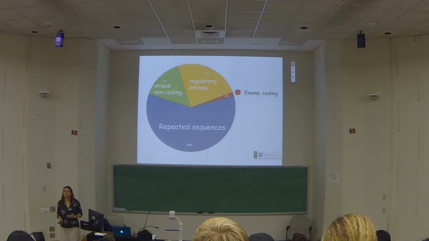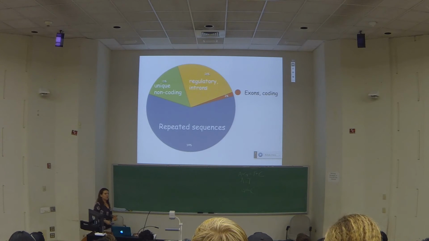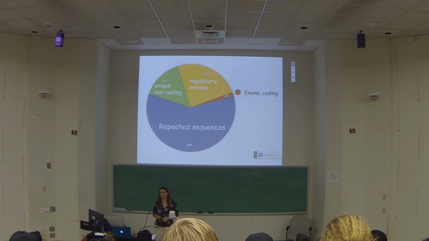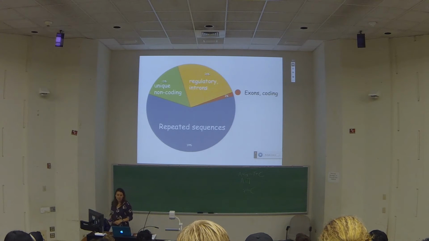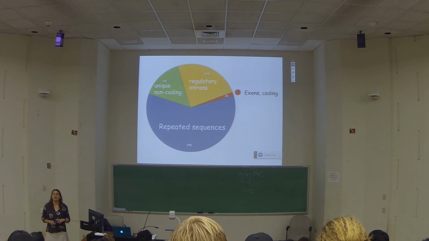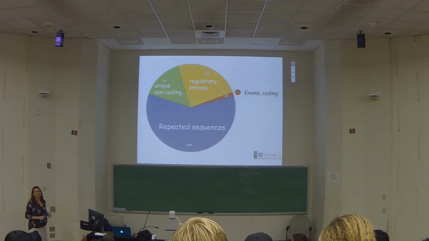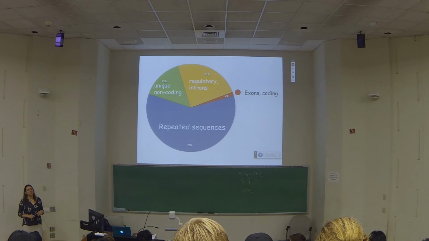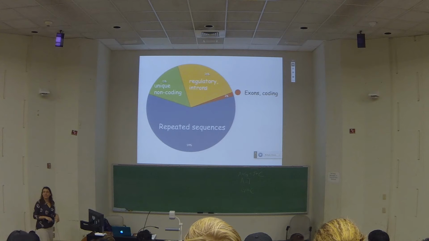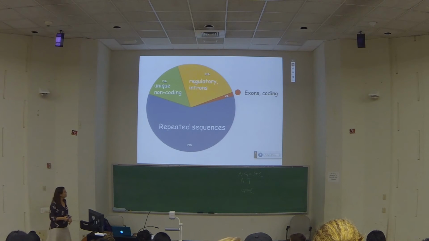And the various amounts you have of these different categories are going to control some of those reannealing kinetics. All right, so we've thought about DNA. We've thought about how it goes together and the structure, how that structure affects things like denaturation and reannealing, how that relates to genome structure.